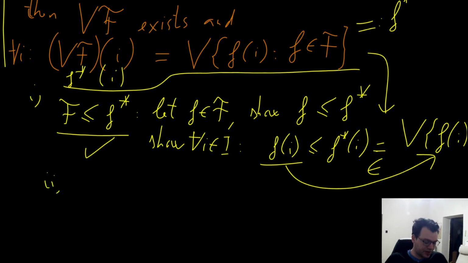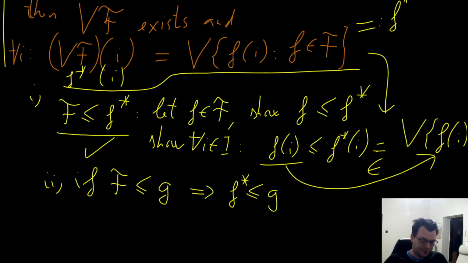The second thing is that if F has an upper bound, say g, then f star is a lower bound for g. So in order to be a supremum, we have to have what do we have?